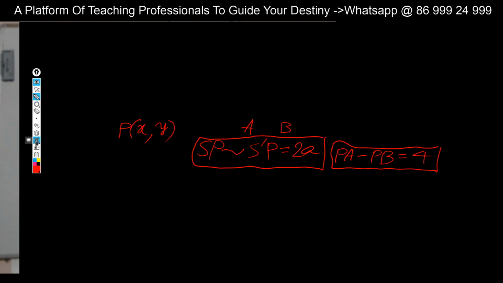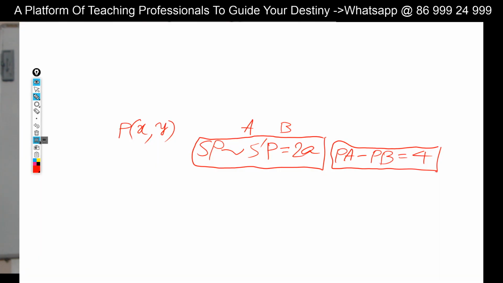So let us solve this now. PA is equal to 4 plus PB, squaring on both sides.